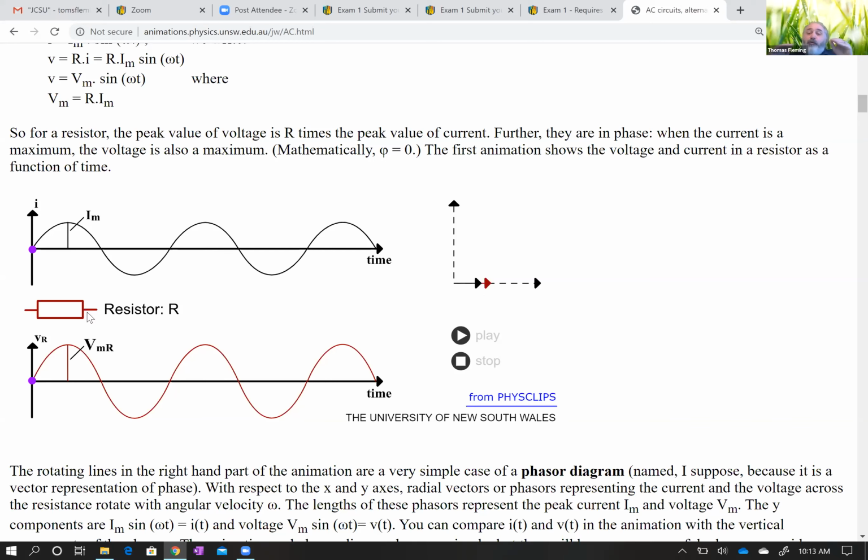And because those two things are in phase, they've drawn their two phasors so they're pointing the same direction. And as time goes on, they're always going to be in phase. They're going to rotate together and both go up and both go down, both be zero, all at the same moments. So that's what you see for that resistor circuit, is the current and the voltage are always going to rotate together.